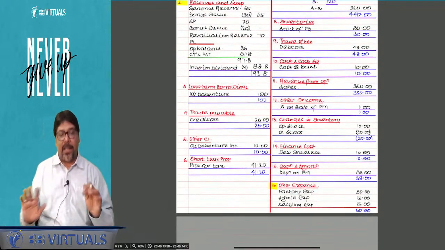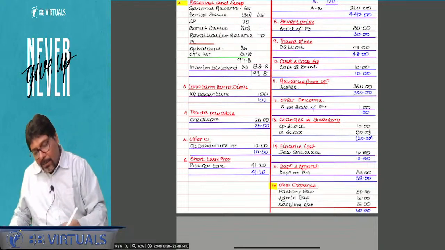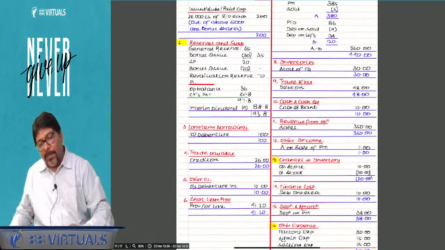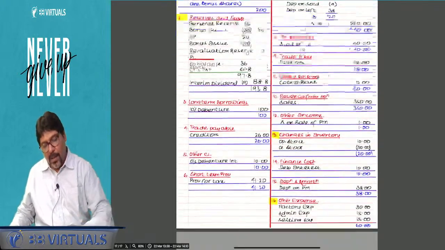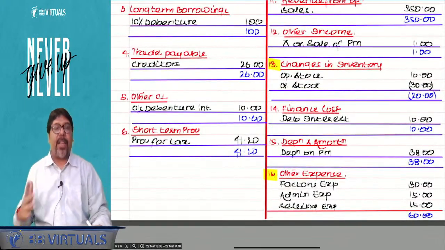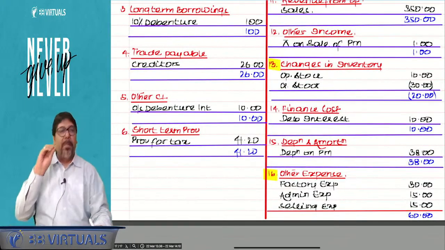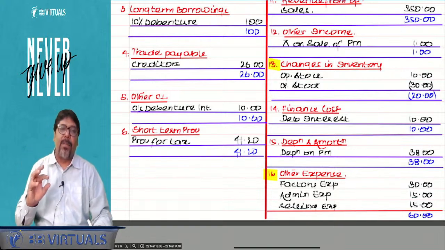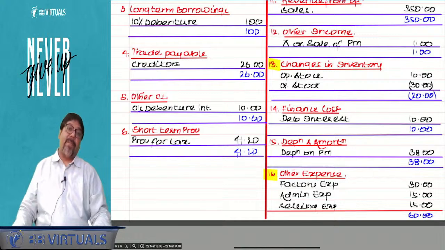That's it. And at max, changes in stock. You would have made 1, 2, 3, 4, 5 notes only. Instead of 16, if you made 5 notes only, the 11 notes at minimum 2 minutes per note would be 20 minutes. So this sum can be cracked in 20 to 25 minutes.